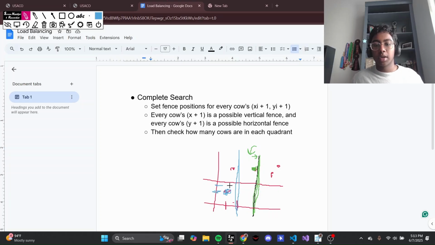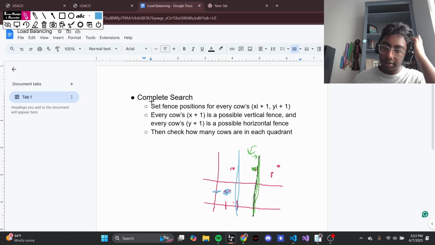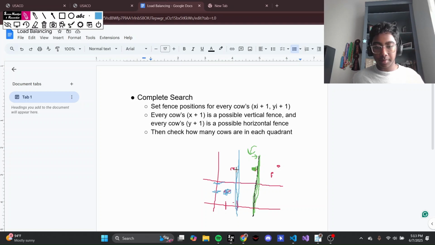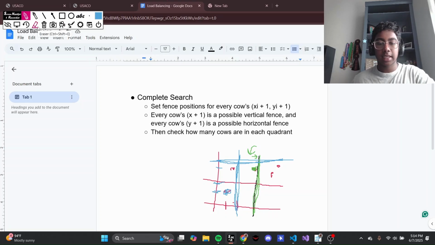Because basically you want to mix and match the x and y positions that are possible. Let's say this is what you do, right? This cow's xi, y plus 1 makes this fence, okay? Compared to maybe if you use this cow's x plus 1, so you stay with this vertical fence, but then let's say you want to use this cow's y value, so then you have this fence. It partitions it differently, right?